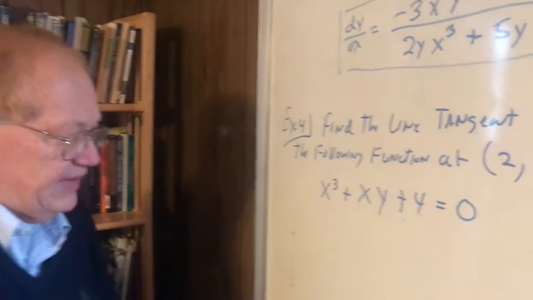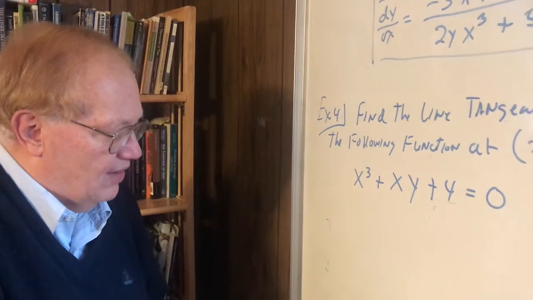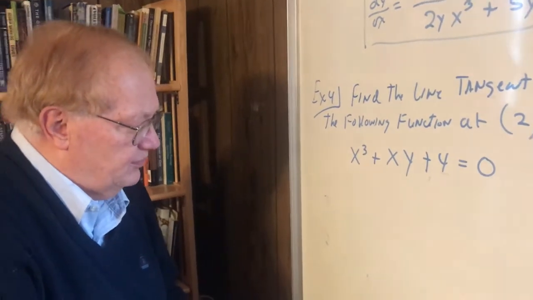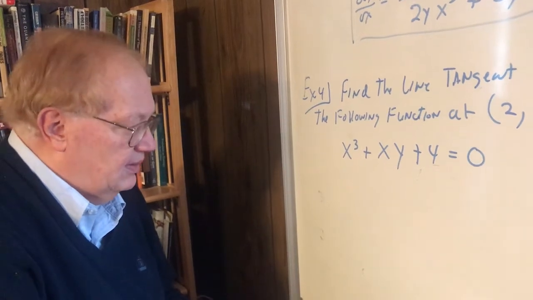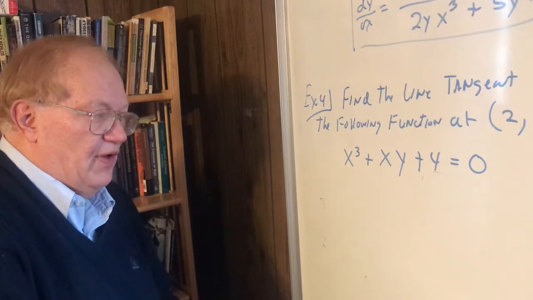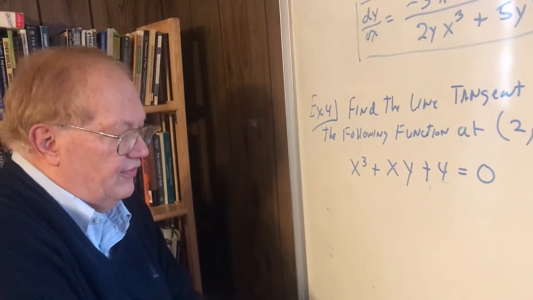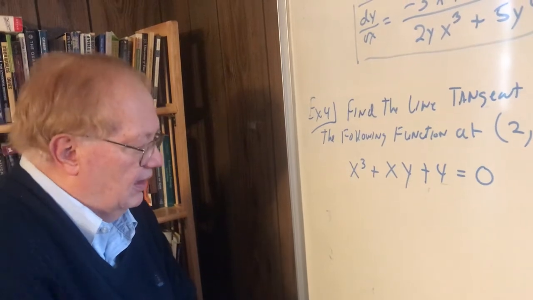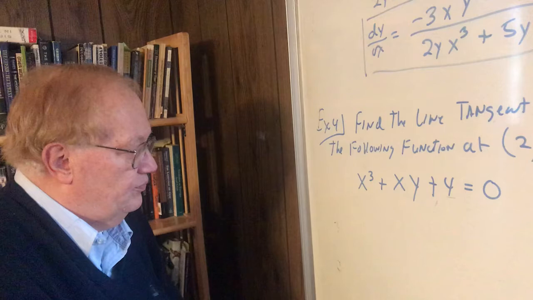Now, in this case, I could separate this out and solve it in terms of y, but I'm not going to do that because I don't want to do a division. So this is a separable function, but even though it is a separable function, I can still solve it using implicit differentiation, and we'll get the same thing.